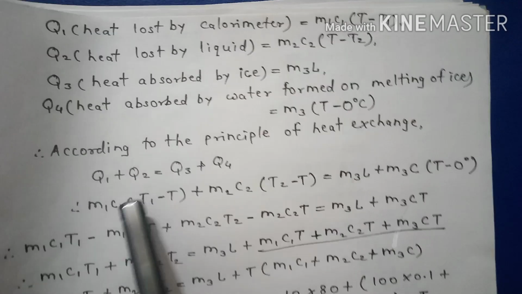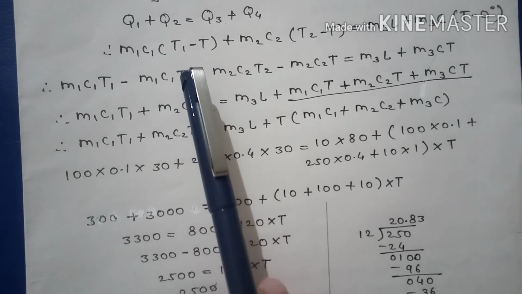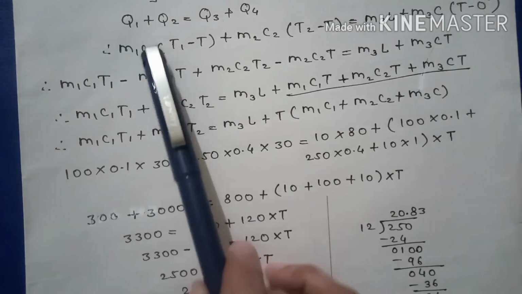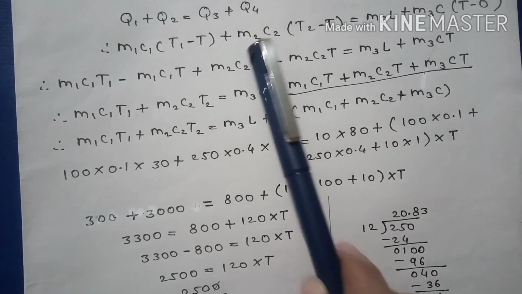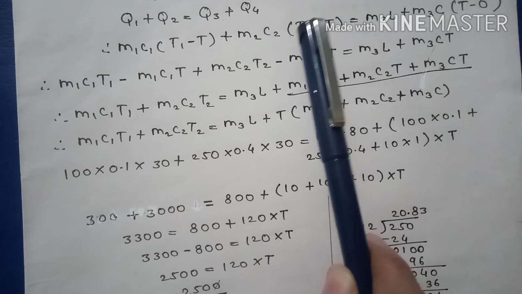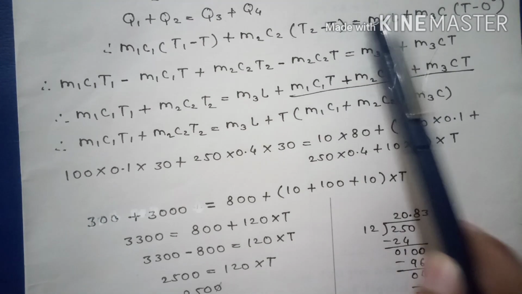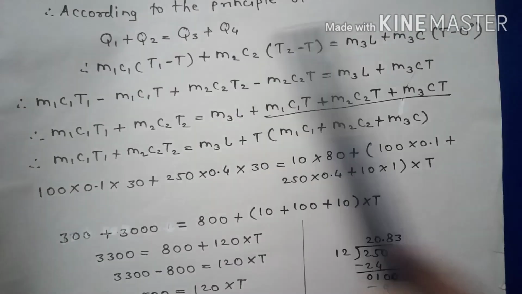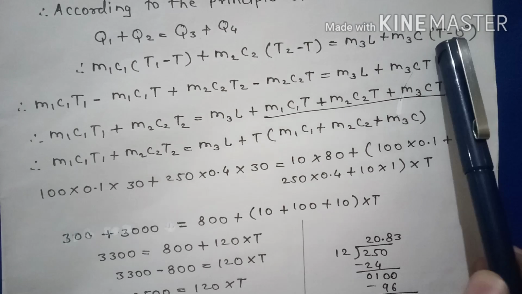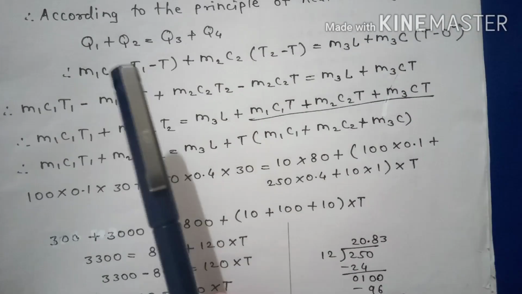Now we will put the respective values of Q1, Q2, Q3 and Q4. Q1 value is M1C1 into bracket T1 minus T, plus M2C2 into bracket T2 minus T, this is Q2, which is equal to Q3, that is M3 into L, plus Q4, that is M3 into C into bracket T minus 0 degree Celsius.